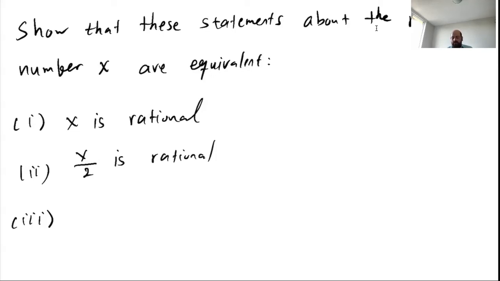So again, I showed that x can be written as some numerator over denominator, where both numerator and denominator are integers, and denominator is not equal to 0. And then that means x belongs to Q.